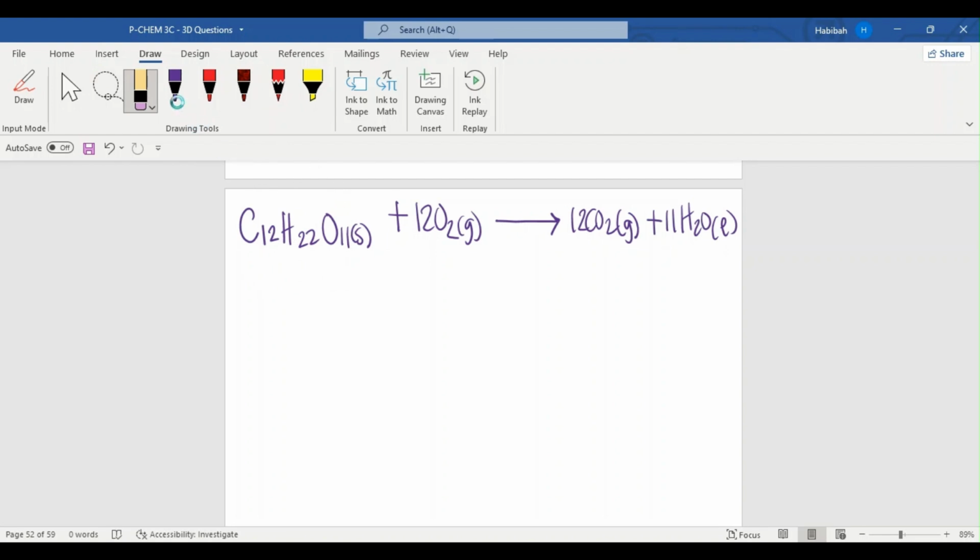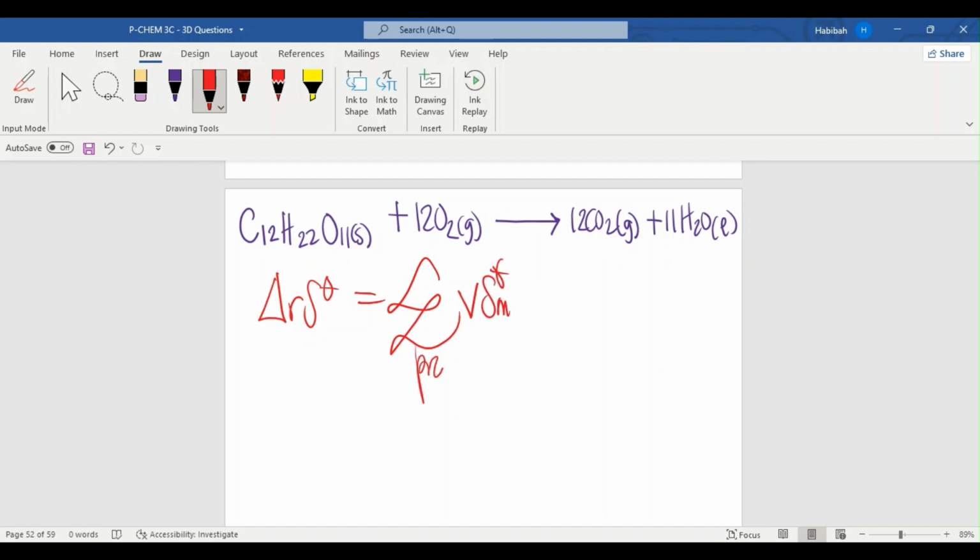Anyways, so you have that, and remember, what did I teach you? The standard entropy of reaction is simply the summation of the molar entropy of the products, minus the summation of the molar entropy of the reactants. I want to quickly mention something to you. You see this V value right here.